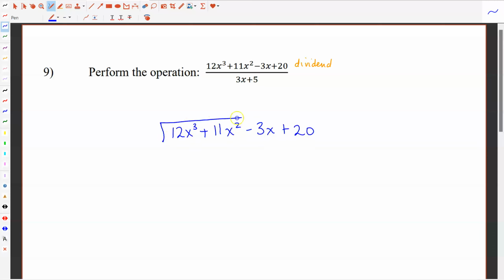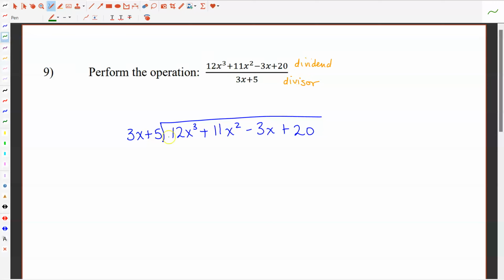And I'm dividing it by the 3x plus 5, which is referred to as my divisor. Alright, so let's go ahead and start the long division process.